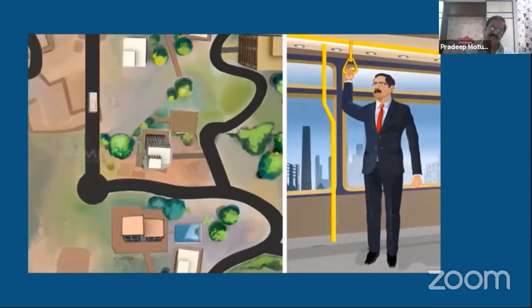The bus is turning to the right side, and he is bending towards the left side. That is also nothing but inertia of direction. Okay, in this way, we have explained the types of inertia.